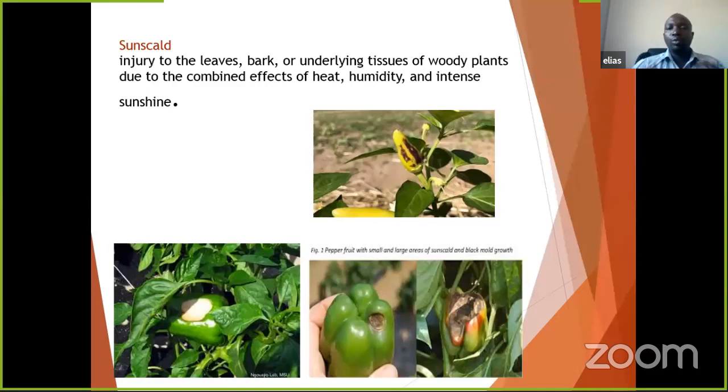So how do we handle this problem? The best way to handle this problem is to go the preventive way. So you make sure that you grow this crop in cool seasons. That's number one. Number two, you need to give this crop enough moisture and enough fertilizers.